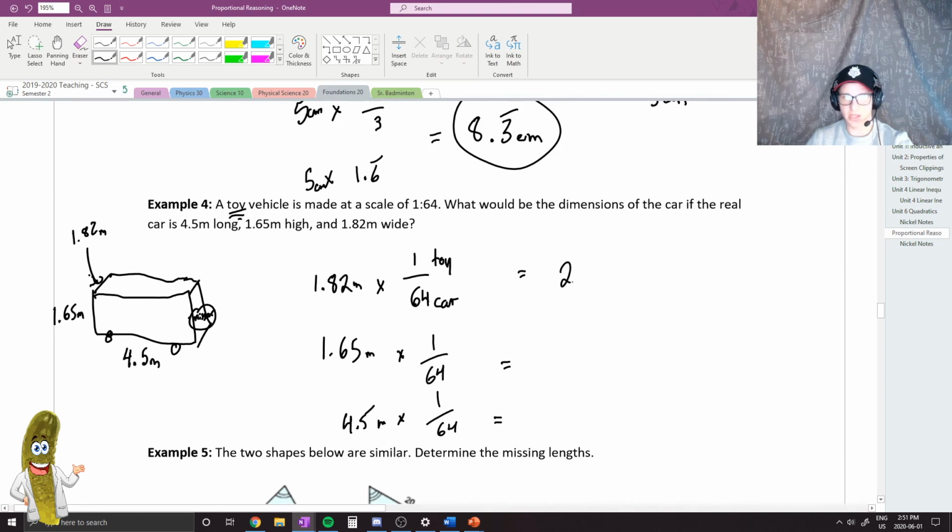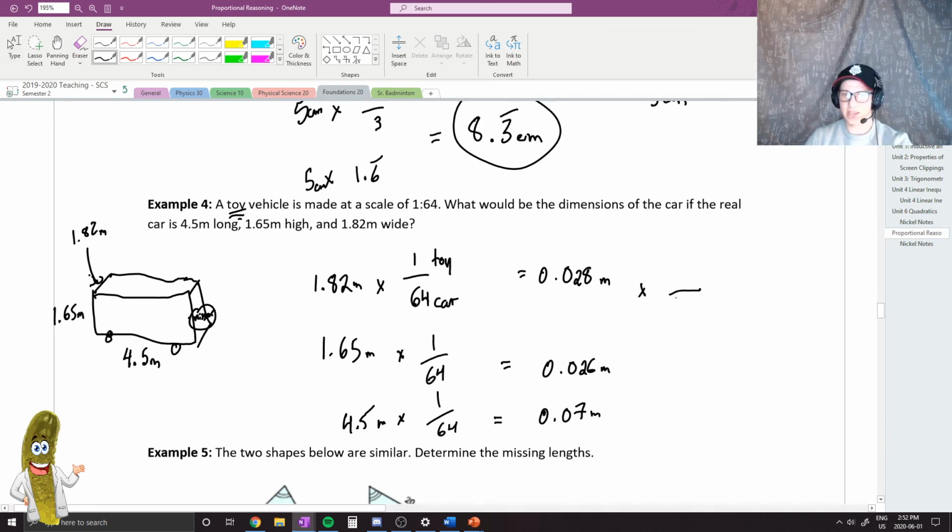So when you do this one, you get a value of 1.82 divided by 64. You get a value of 0.0284 meters. This one you get a value of 0.0226 meters. This last one you get a value of 0.07 meters. I didn't love these answers when I was going through it.